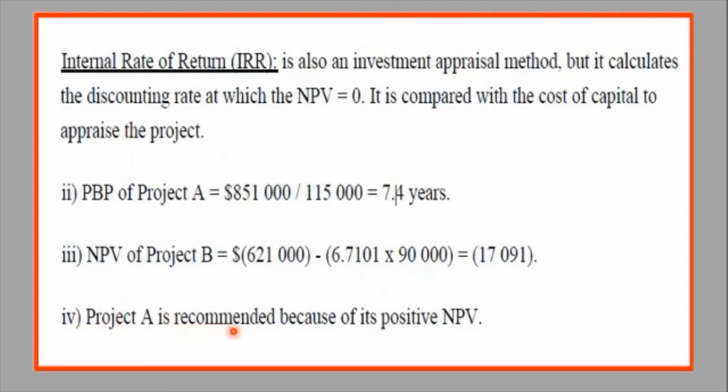Project A is recommended because it has a positive NPV. We can see here project B has a negative NPV, it's in brackets, so you wouldn't want to consider this, and you would accept project A instead.